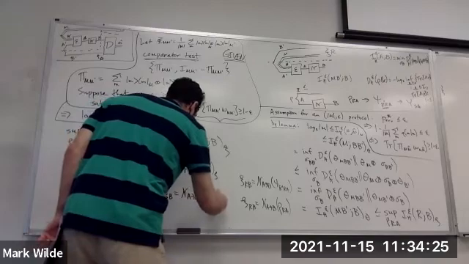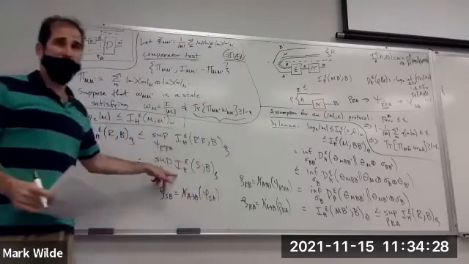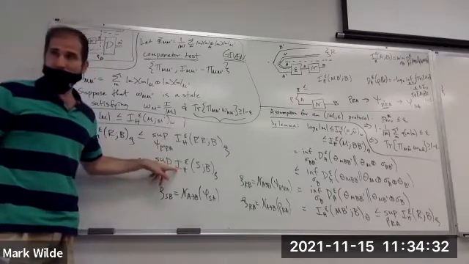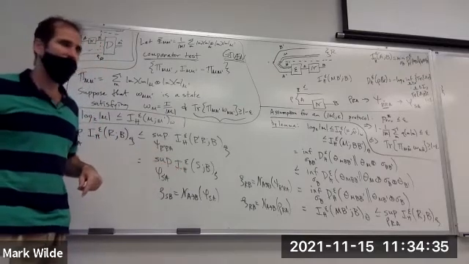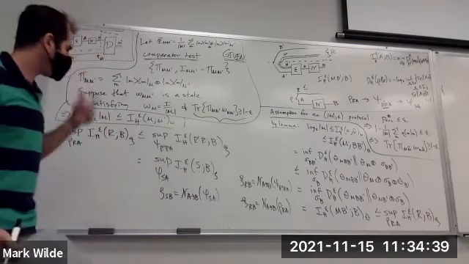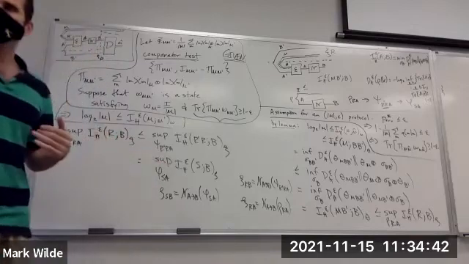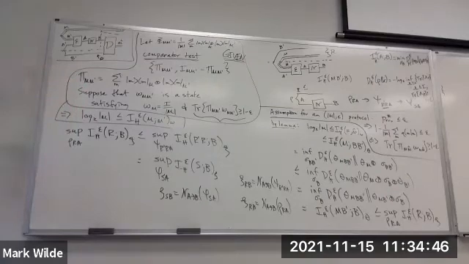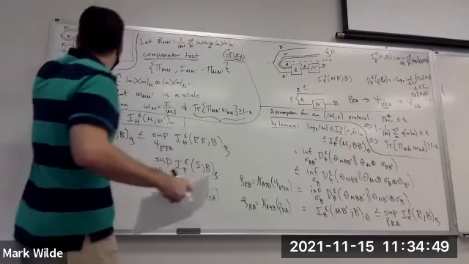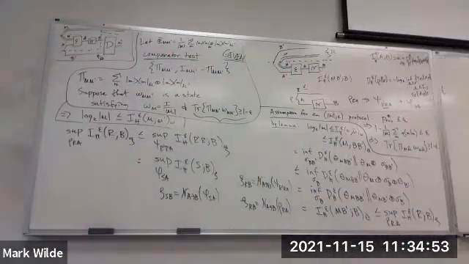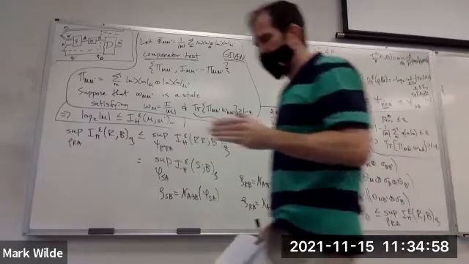That's the final bound. That's computable. You can actually show that this can be computed by a semi-definite program. Okay? That's a nice feature of this upper bound. The computational time will be polynomial in the dimension of the channel, the dimension of the input and output of the channel. So, you know, it's not efficient in terms of the number of qubits, but in terms of the dimension.